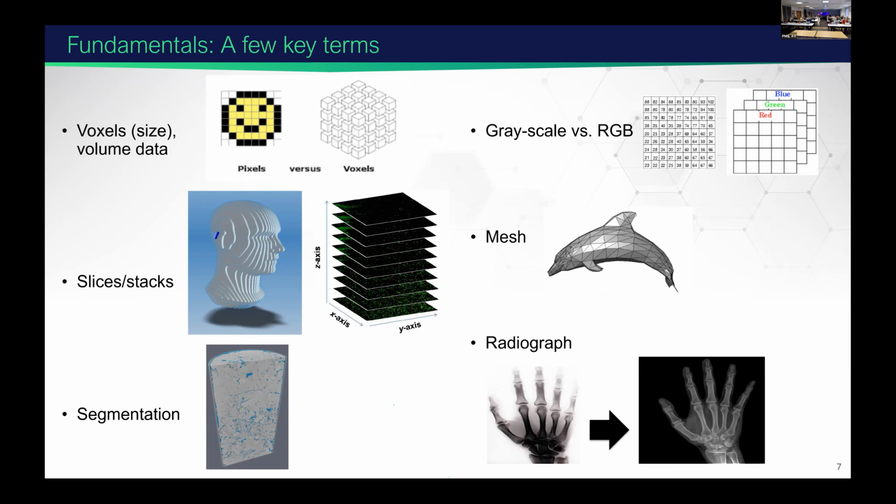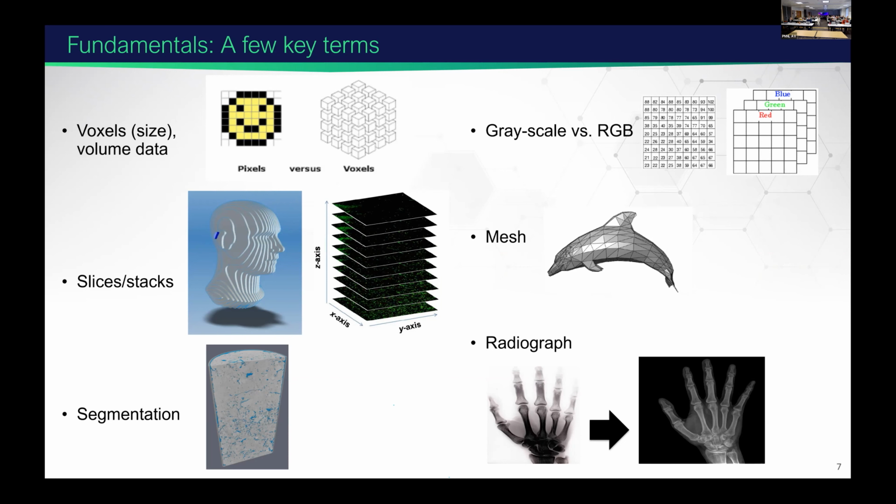I mentioned grayscale because the CT images are grayscale. It's basically just 2D images with intensity, one layer with intensities at each voxel, versus the RGB color images, which are multiple layers, such as red, green, and blue.